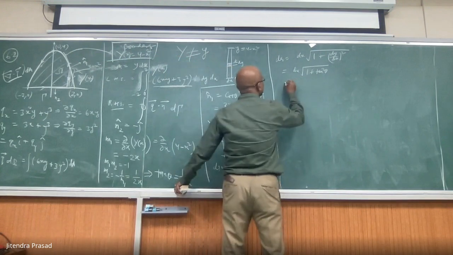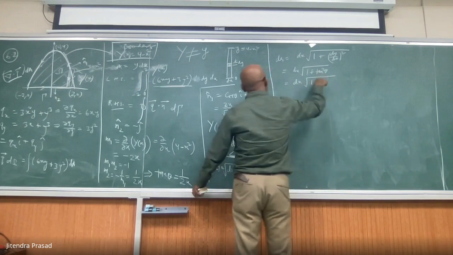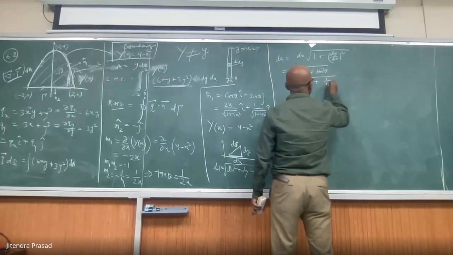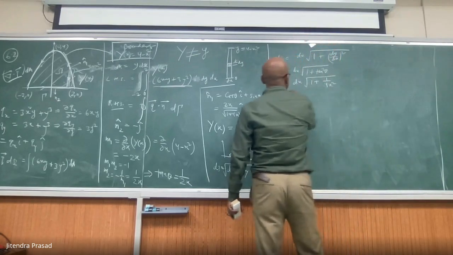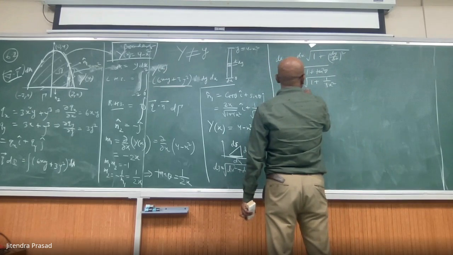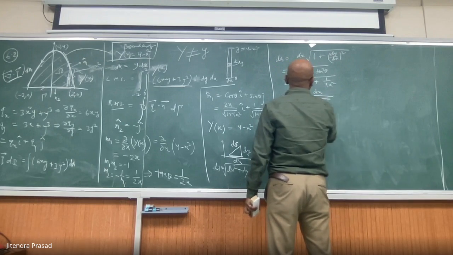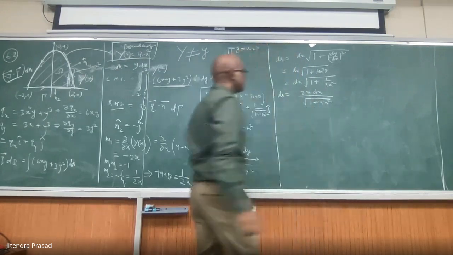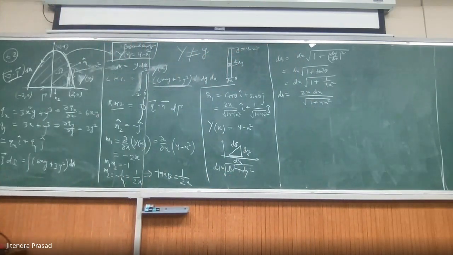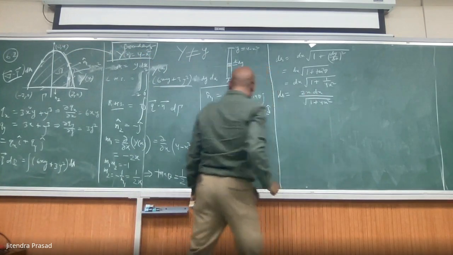So we can have it equal to dx root 1 plus tan square theta, so 1 plus 4x square. Okay, so that makes it 2x dx over root 1 plus 4x square. So this is ds. Okay, so ds has a relation with that.